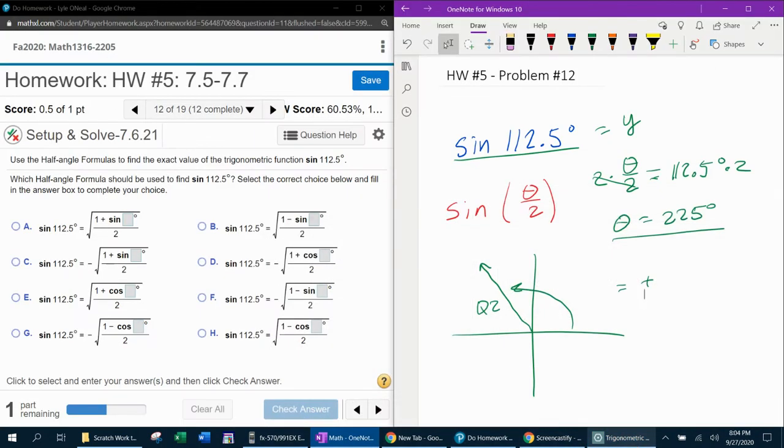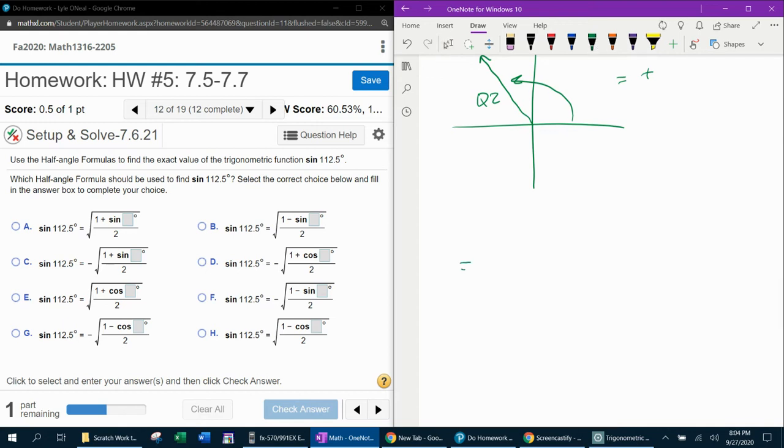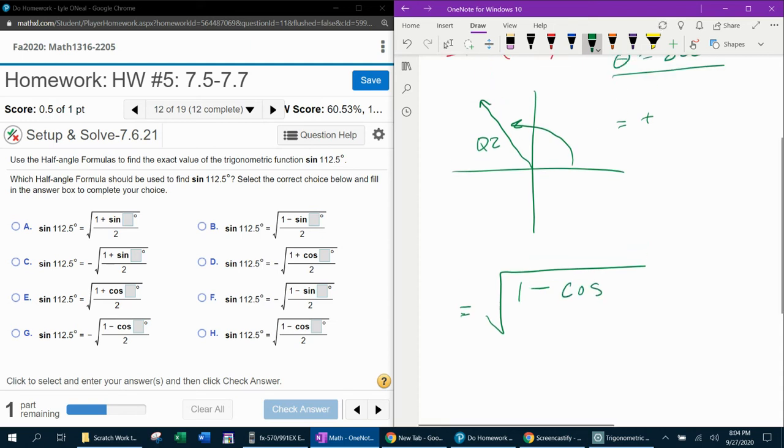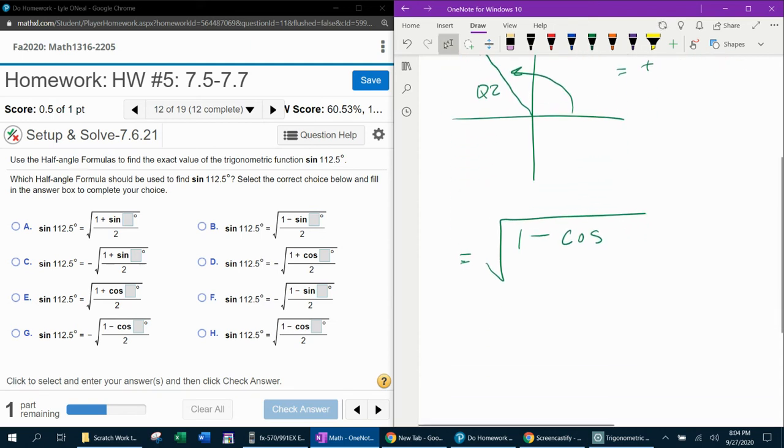So we know that this answer is going to be square root of 1 minus cosine theta, which is our 225 that we calculated, all over 2.